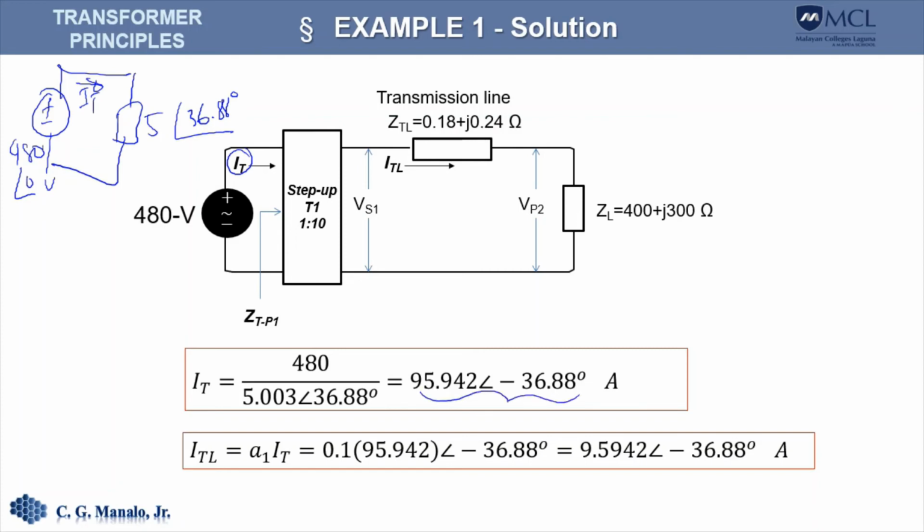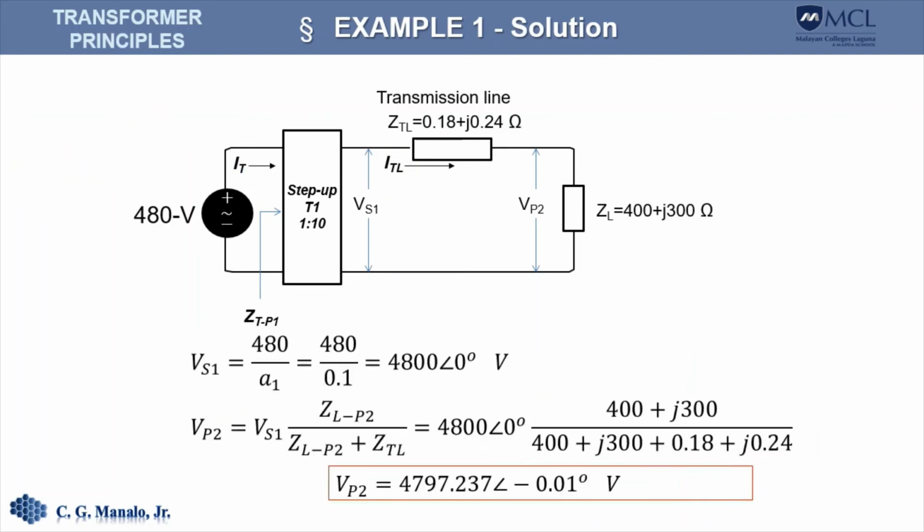We can also compute for the current on the secondary side of the first transformer, which is this one, using this relationship. Okay, and that should give us this current. We can also determine the secondary voltage of the first transformer using this relationship, and that should give us this value.